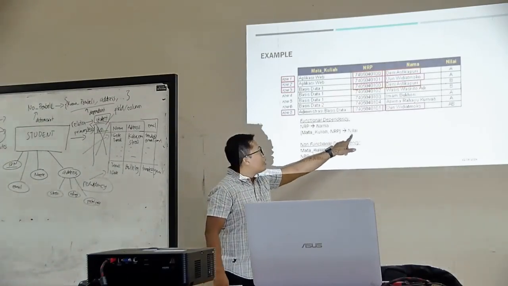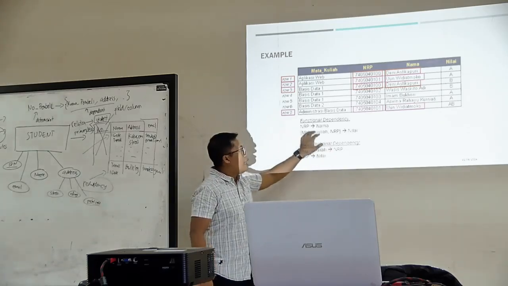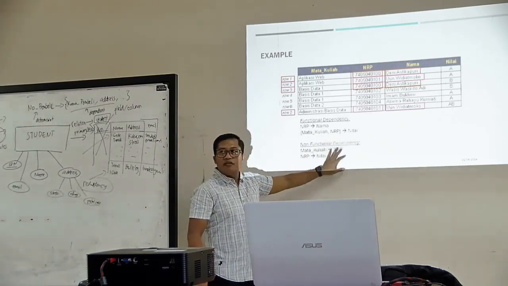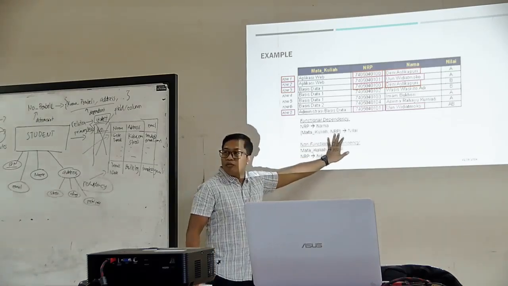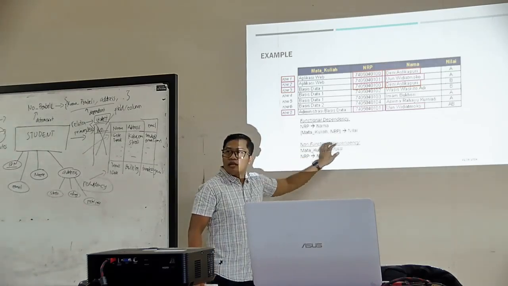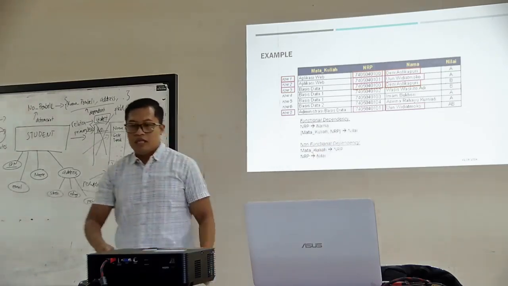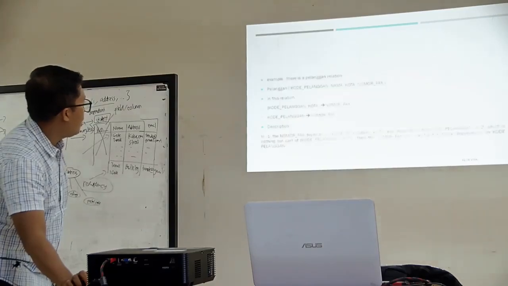The nilai needs a combination of mata kuliah and NRP to determine that. So the full functional dependency of nilai is mata kuliah and NRP. But it is different from the last example.